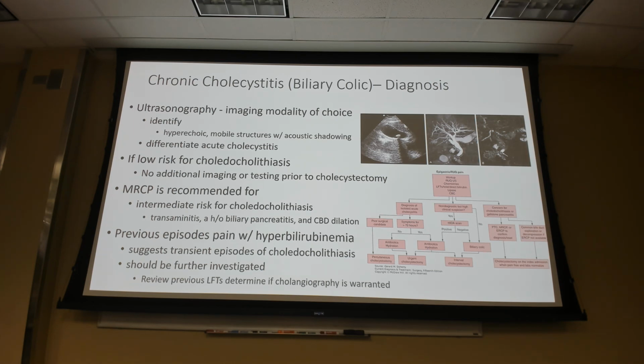But if the diagnosis is anywhere in question or if it's intermediate risk, we can do an MRCP. We also always want to check the bilirubin level, because that can be elevated with any sort of obstruction, especially anywhere further down, like the CBD.